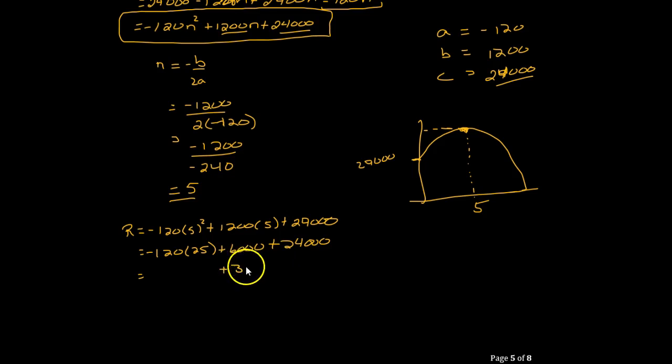Wow, that's going to give us 30,000 right here. And negative 120 times 25 is negative 3,000. So your profit is 27,000.